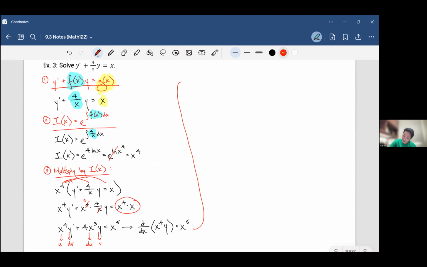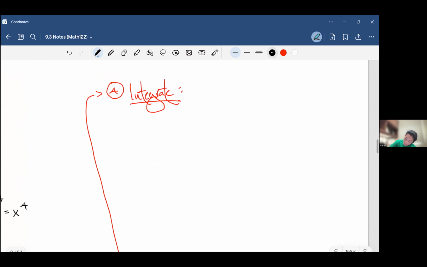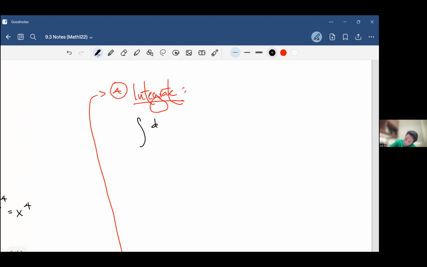All right, let's go to step number 4, okay? So we've used the product rule to rewrite that left-hand side and shorten it. Step number 4 says we integrate both sides. So that means I'm going to integrate the derivative of x to the fourth times y, and I'm going to integrate the x to the fifth dx, okay?